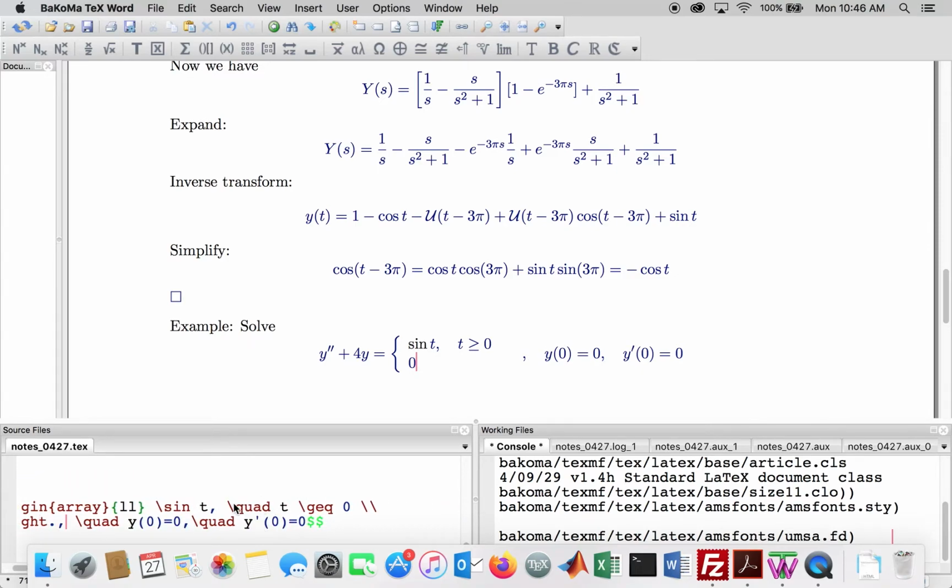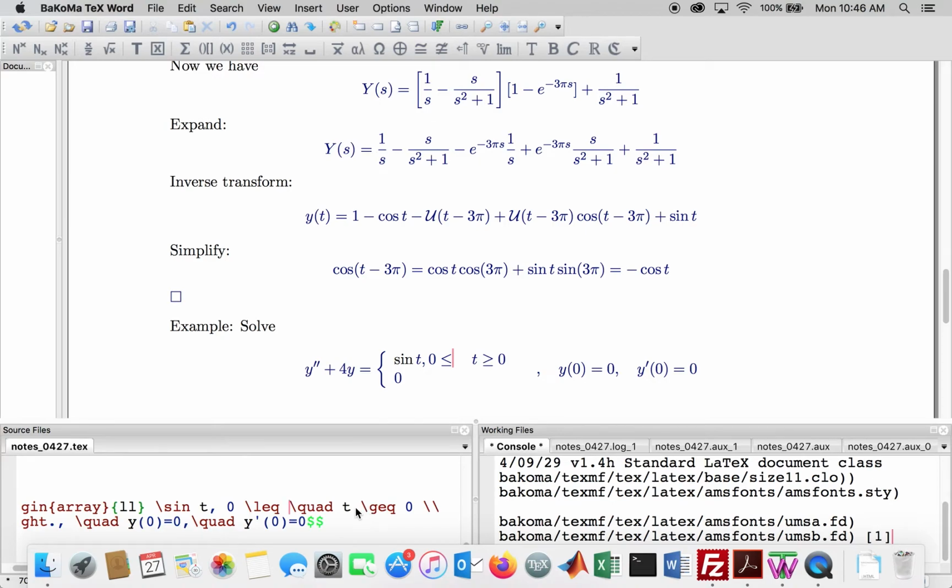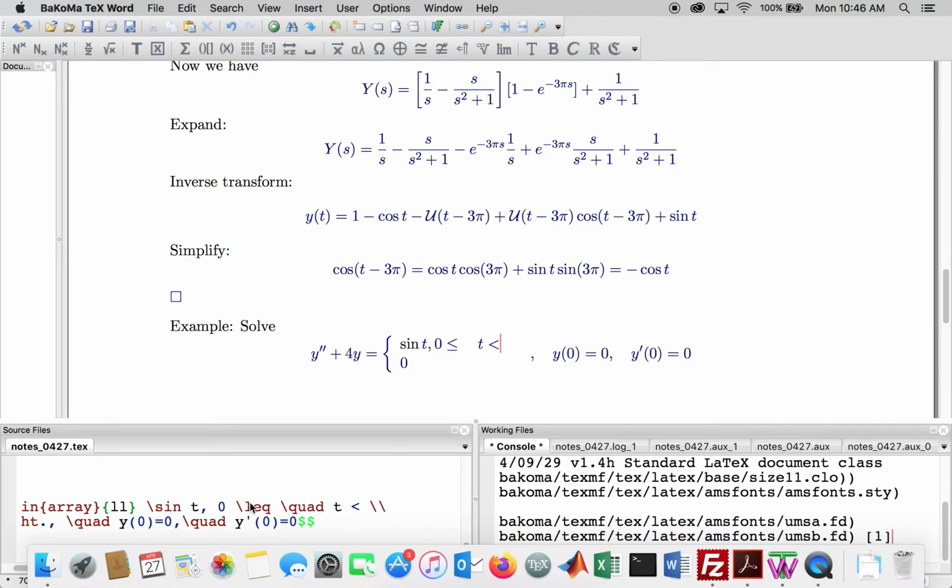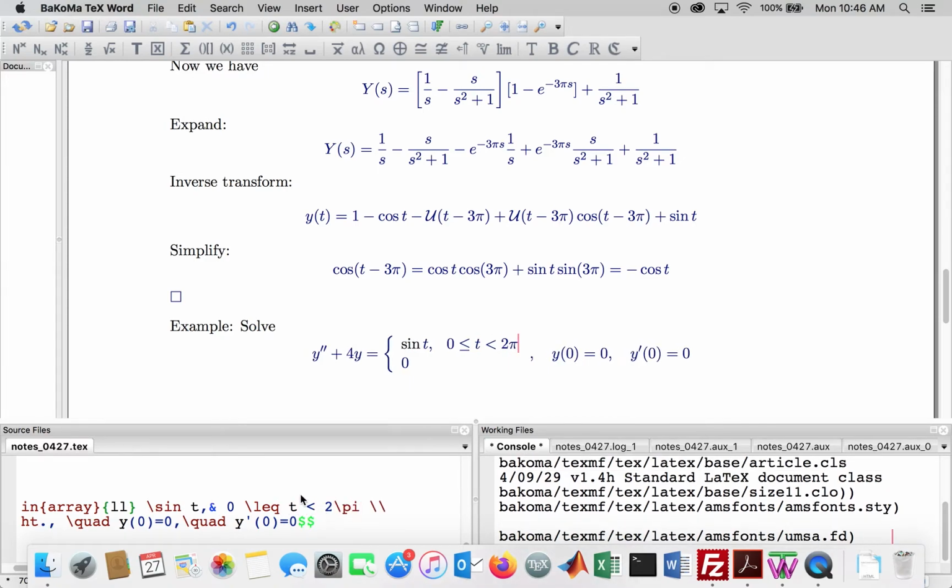actually, I'll write it this way. t from 0 up to 2 pi.